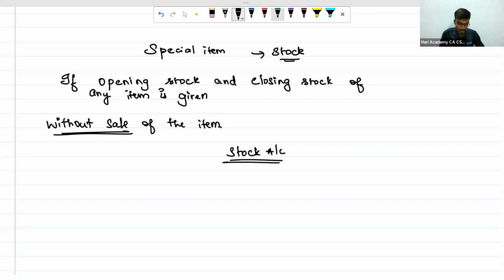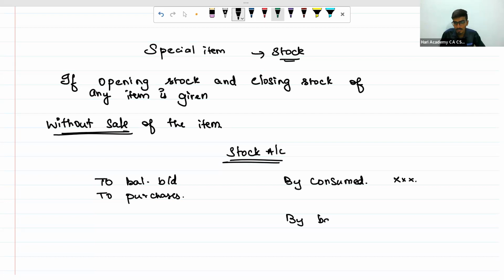Opening stock will be like this, to balance brought down. Any purchases made, we will write to purchases. Then any consumption which we have consumed, that we will put on the credit side, and we will put our closing stock on the credit side.